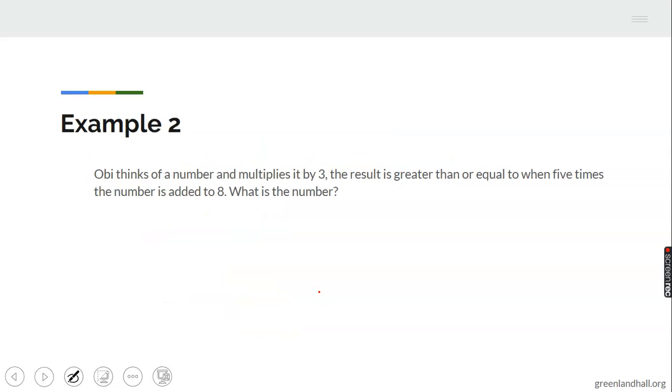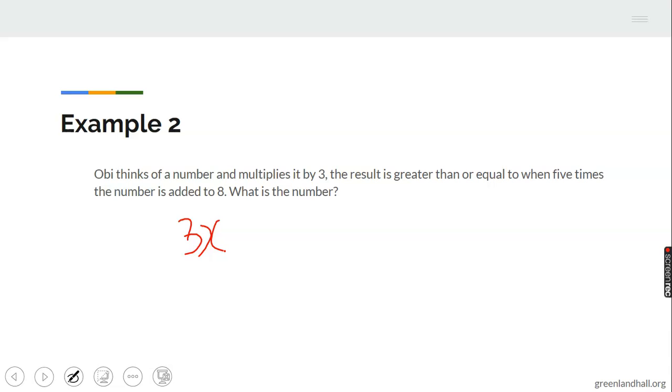The next example says, Obi thinks of a number and multiplies it by 3. Let that number that Obi is thinking of be x. I believe you are jotting down. I will not be writing everything. So if that number is x, multiplies it by 3. That will be 3 multiplied by x, which is 3x.